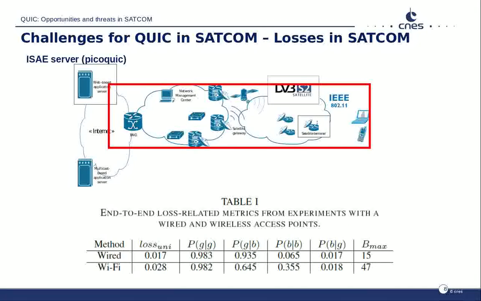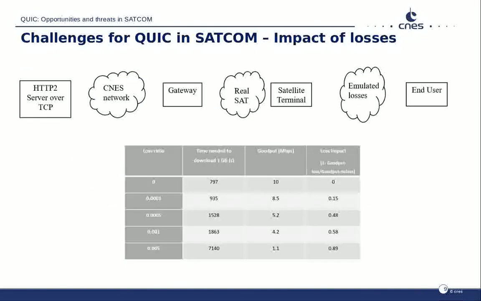What we can see here using an end-to-end internet access is that when we use a wired access, if you look at the second column of Table 1, we have more than 1% end-to-end losses. So we have proposed a Gilbert-Elliott model to reflect the bursts of losses, but I will not go into the details here. What matters for us is that these losses may have a very large impact on the end-to-end flow.